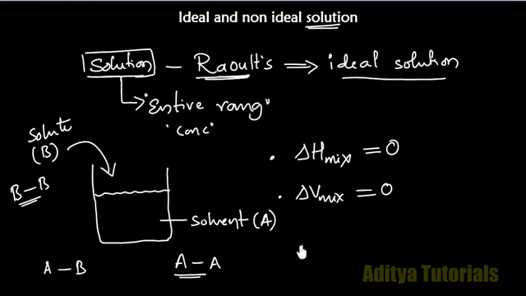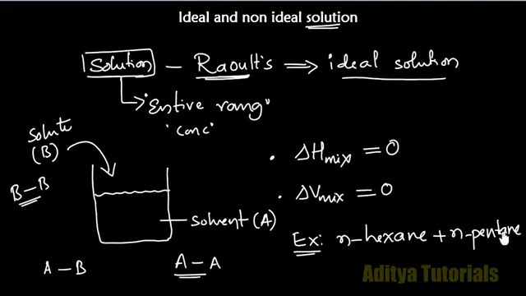Perfect ideal solutions are very rare. But we give some examples here: solutions of n-hexane plus n-pentane, benzene plus toluene.